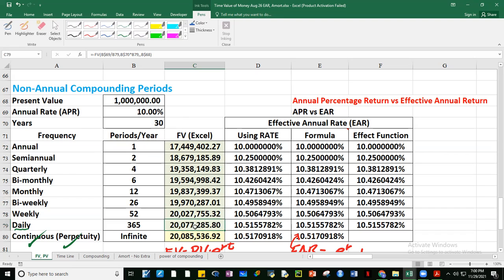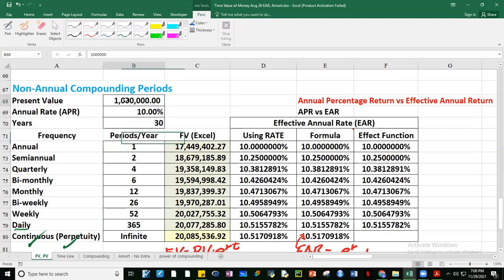Mas malaki, guys, yung future value ng mas malaking compounding per year. In fact, that's dramatized when gawin natin to kunyari ano. Gawin natin tong 50 million. If this was 50 million, guys, yan.